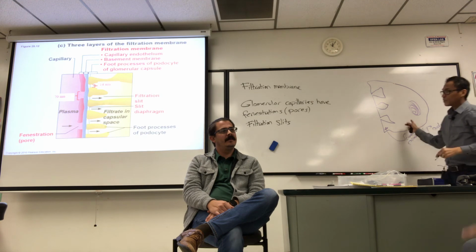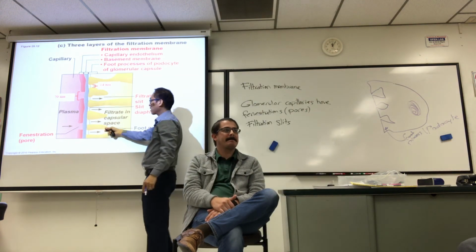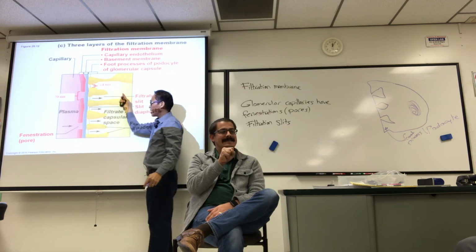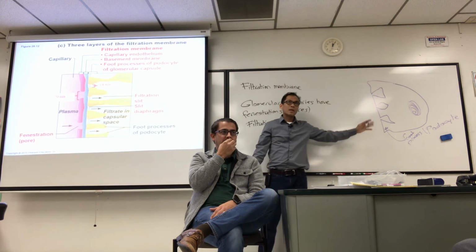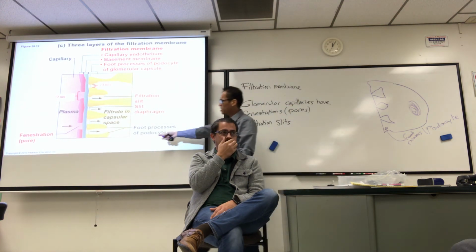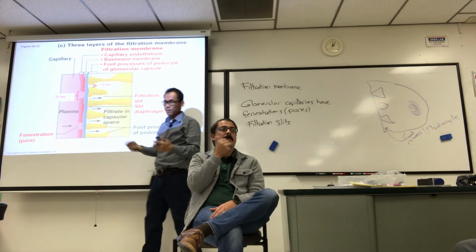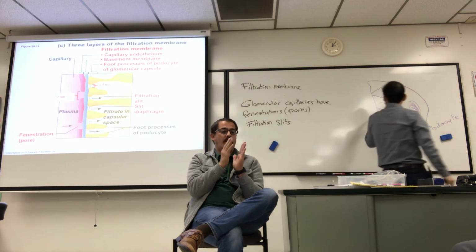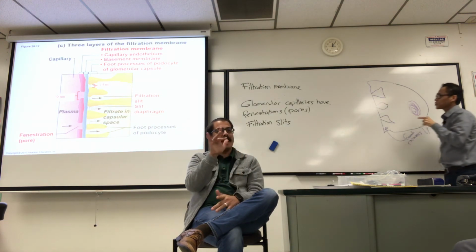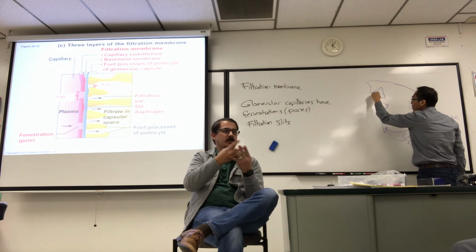So that's one podocyte. So when you look at this picture, these are the podocytes, right? But imagine these are all just one cell. Remember when I first studied this, I thought each of these was an individual cell. That's not the case. They're just the foot process, which is a part of the cell. Now, the little space between the feet, that's your slit. That's your filtration slit right there.